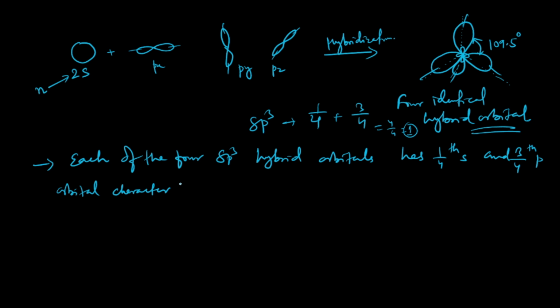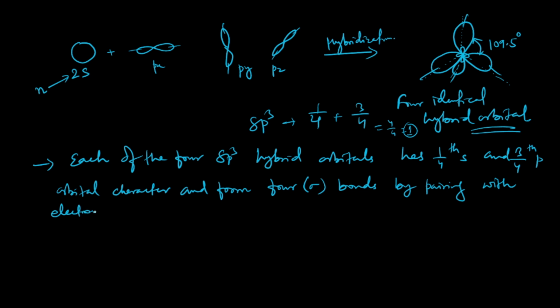Orbital character and form 4 sigma bonds by pairing with electrons of other 4 atoms or groups at their axis. Correct? Pairing with electrons of other 4 atoms or groups at their axis.